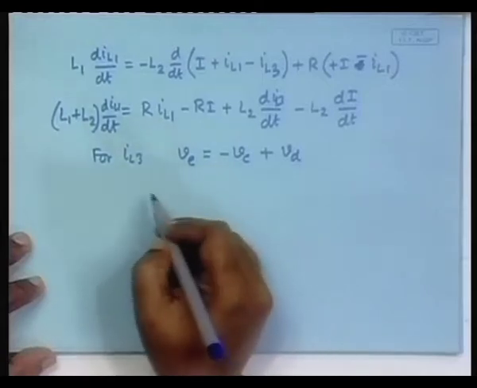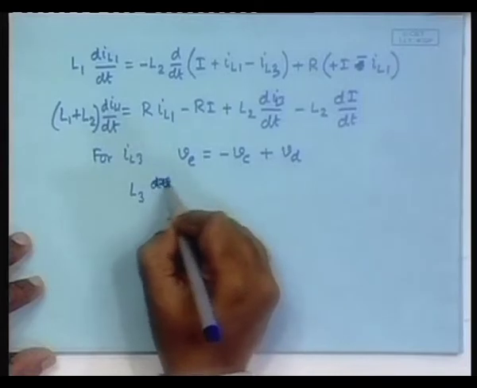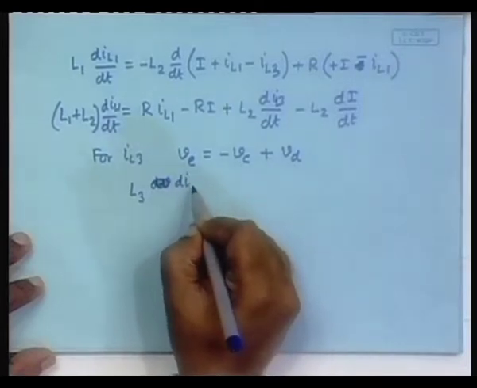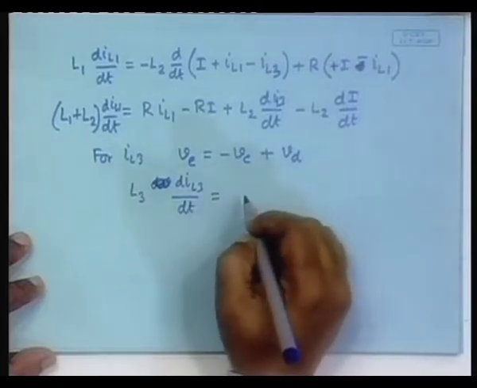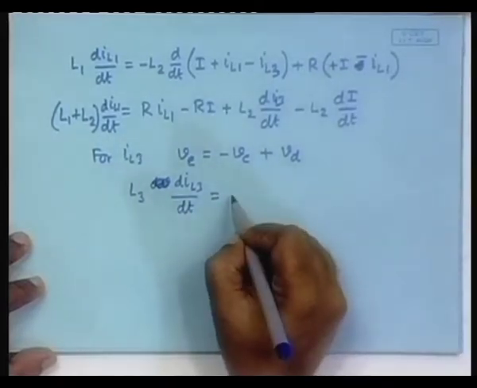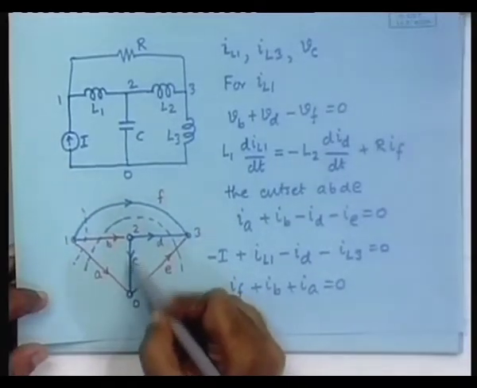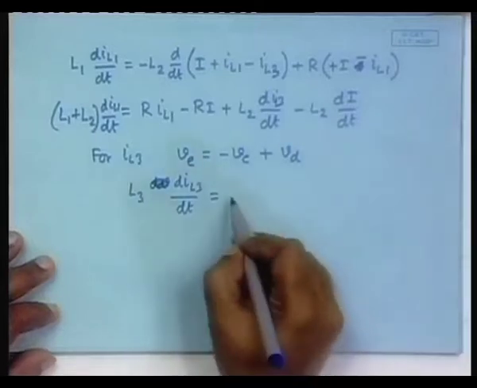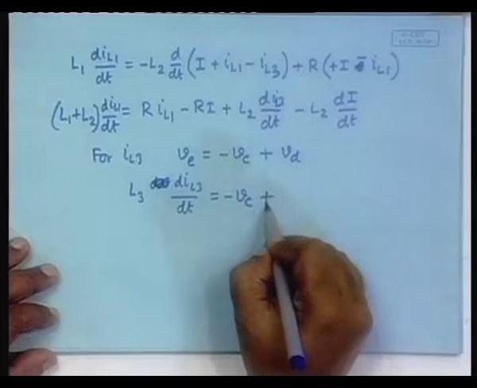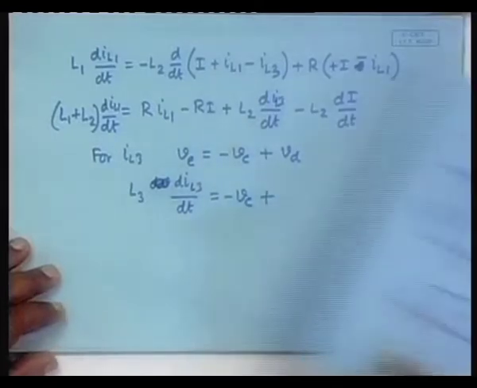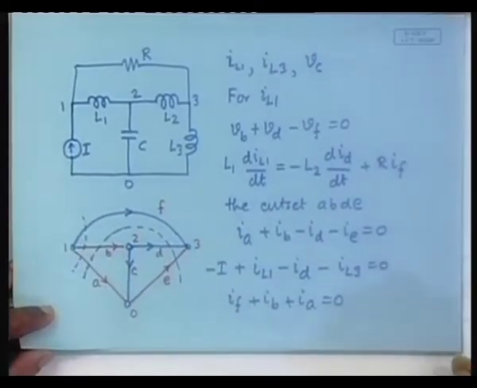Then we will write L3 dIL3 dt is equal to minus VC, this is a state variable, so we are happy, plus VD is this term.